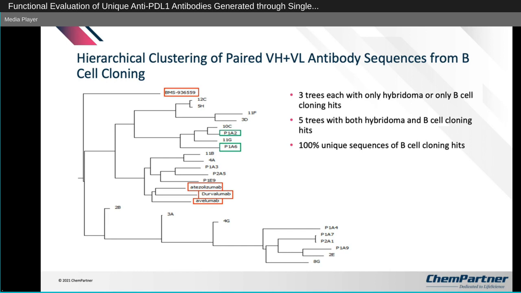They are also listed in the red box. I also wanted to mention that all the antibodies from the B cell cloning approach had 100% unique sequences, unlike the hybridoma, where sometimes the dominant clone takes over the other clones and your diversity may be lower compared to B cell cloning.